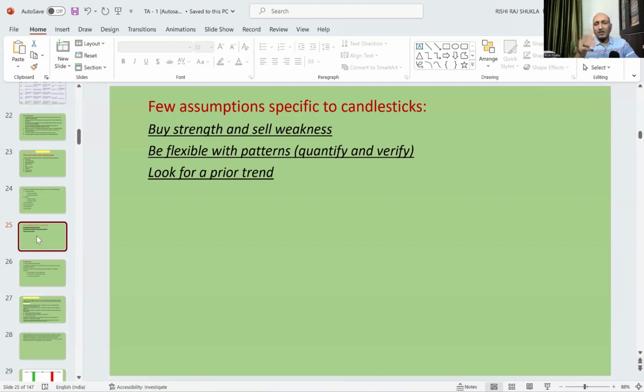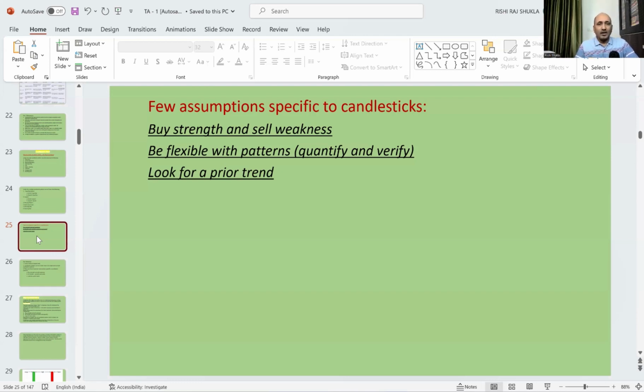As long as the trade is in our favor, we will continue. So we have to quantify how the pattern is, what the strength is, and how much possibility there is to go upside. And definitely we'll verify all this, and only then take the trade. How we will do all these things, we will see in further sessions.